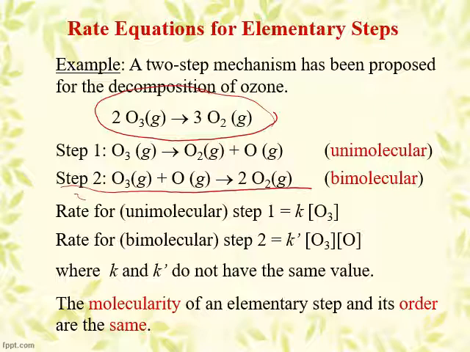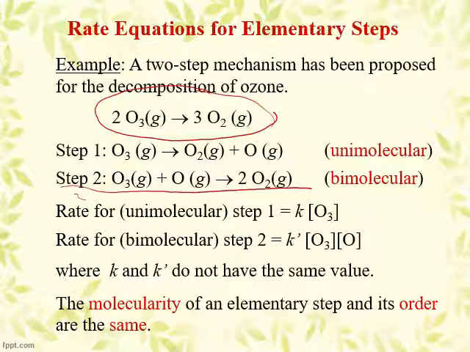Step 1 is unimolecular because there is only one reactant, which is the ozone. Step 2 is bimolecular because it involves two reactants, the ozone and also the oxygen atom. Now, if we write the rate law for each step, because these are elementary steps, we follow the molecularity.